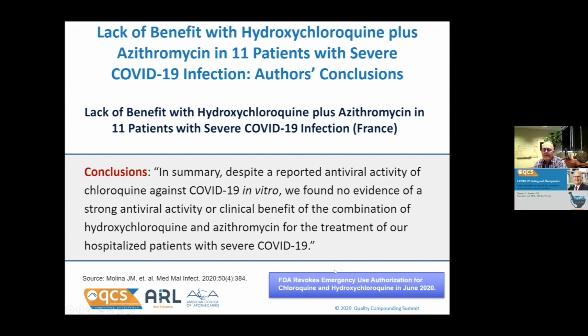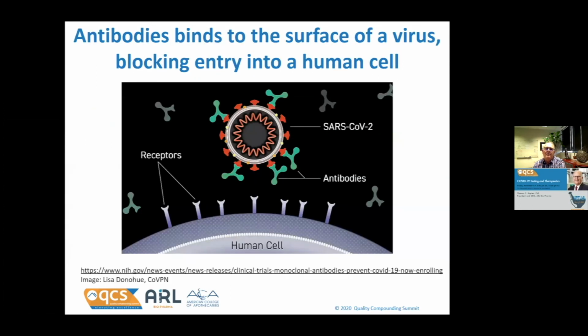I wanted to bring this out because the FDA actually revoked the emergency use authorization for chloroquine and hydroxychloroquine in June of 2020. So you're looking in the literature, and that's why you might see different articles cite different conclusions, but it's so important to have a double-blind, controlled, randomized study with as many data points as possible.